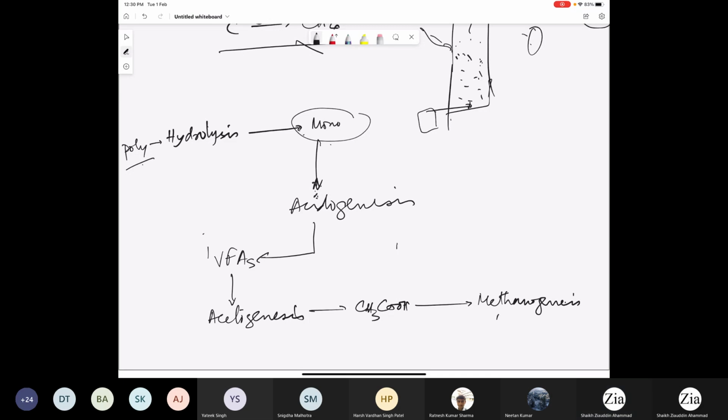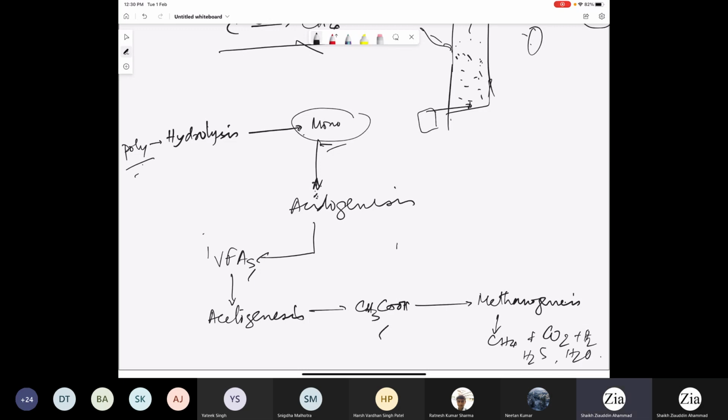Methanogenesis, and then finally you will get methane. So these are all intermediates, monomers, VFAs, acetic acid, but they are substrates for the subsequent microbial community. The final products are methane plus carbon dioxide, hydrogen, some moisture, and H2S.